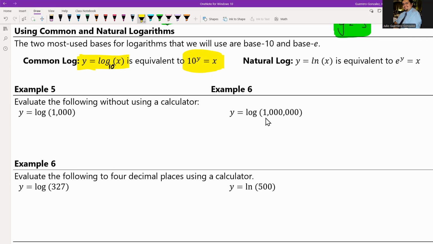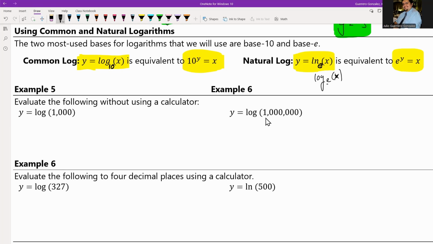Got it? The next one is the natural log. That one is ln, and that is equivalent to this right here. Same idea as the log base 10, we can assume this is the log base e, or log base e of x.